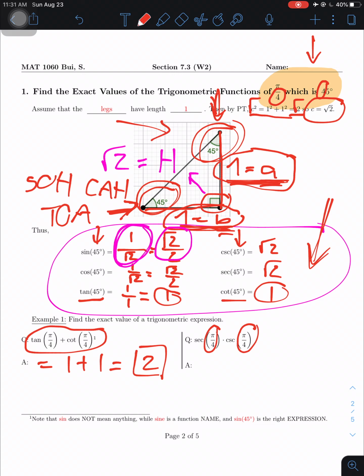If you have the triangle set up like this, you know that the triangle will have side lengths of 1, 1, and square root of 2. These 6 values, you just have to go by definition, right? And then you don't have to memorize them anymore. But everyone has their own way to remember the stuff, so it depends on you. You can draw the triangle, you can remember all 6 functions, or you can look up other tips, okay?